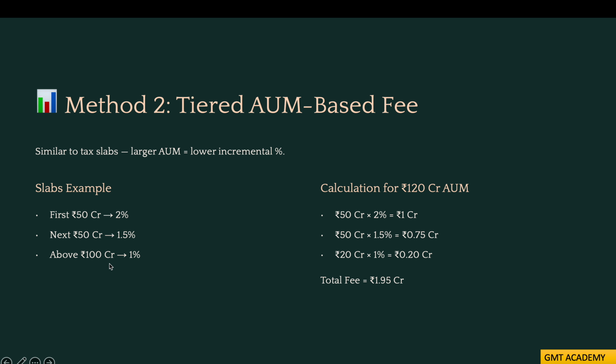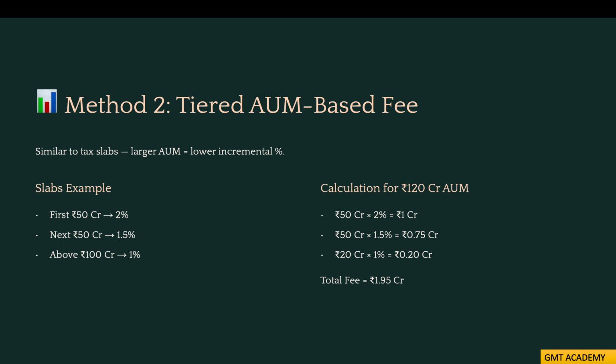Let's assume it is an open-ended fund, and every quarter or half-yearly they add a new investor with 50 crore, for example. They decide in their LPA that if new investors get added and more funds come in, the fees will be reduced accordingly. They decided this in the LPA, and on that basis it works.